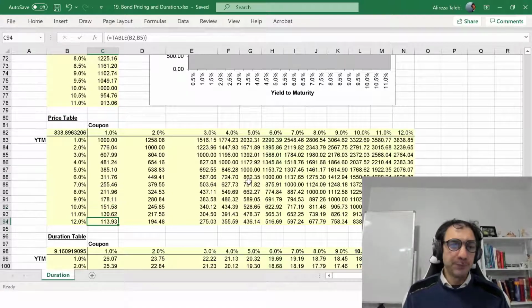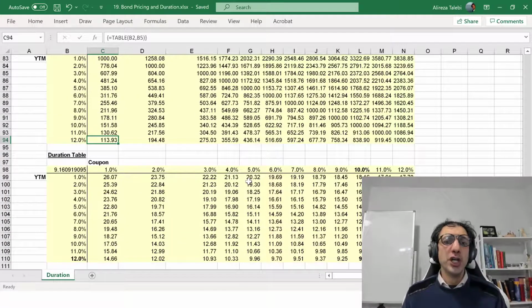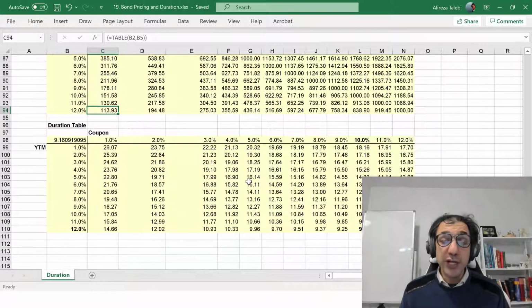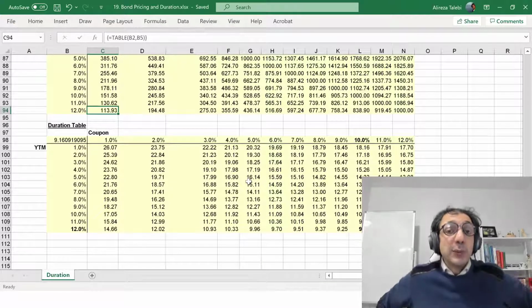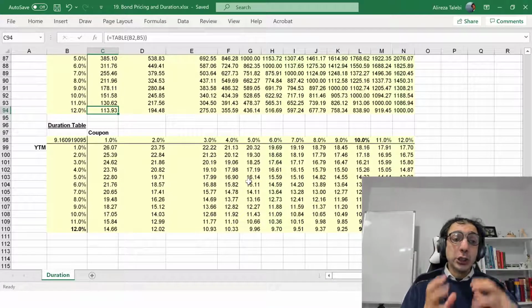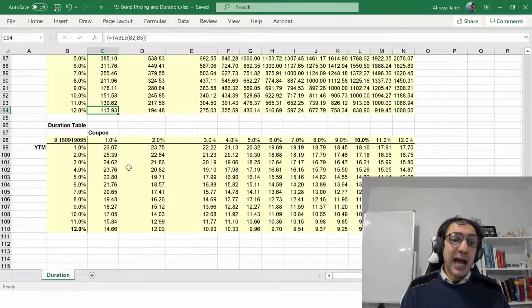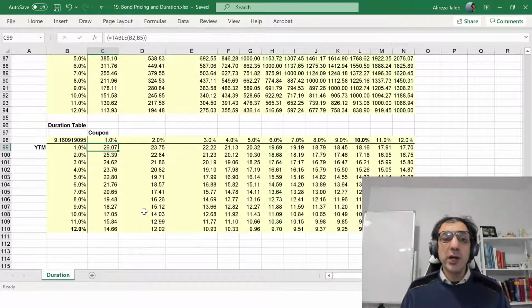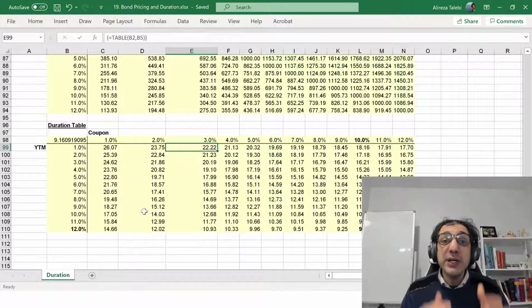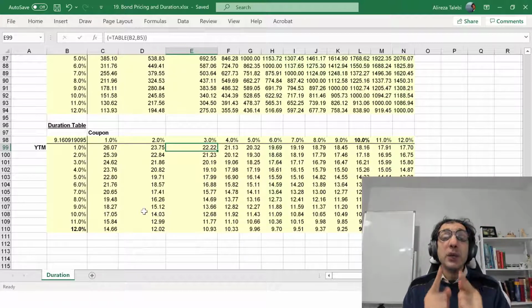And the last table I'm going to share with you is regarding the duration. So we talk about duration, and we learned in the previous session that the coupon rate and the YTM impact the duration. For example, as you look at here, let's assume your YTM is 1%. As the coupon rate is going up, you see the duration is going down because you will get your money back faster.